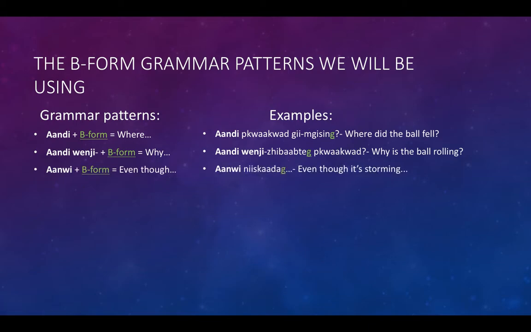Our next example is onwe plus B-form equals even though. In our example, we have onwe niska dug, even though it's storming. So in this example, we just have the initial word onwe, then we go straight into our VII example. And then the green there is the B-form inflection.